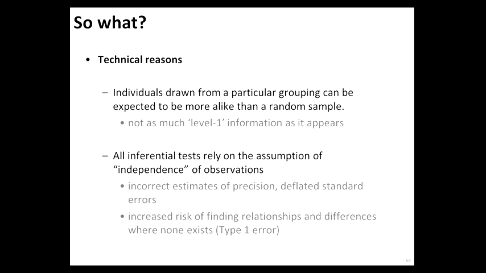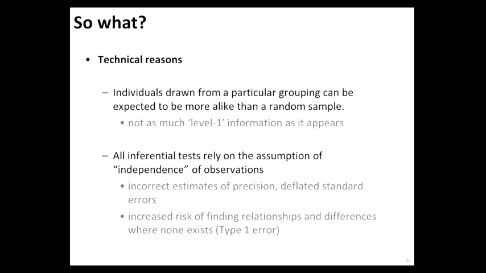There are, of course, technical reasons as well. The technical reason is, as I've already alluded to, individuals drawn from a clustered sample or from a multi-stage sampling design can be expected to be more alike than in a random sample. And what's the implication of that? The implication is that you now do not have as much level 1 information as it appears. What do I mean by that? Let's say I sampled 1,000 kids from 10 schools, 100 kids in each school, and they all have exactly the same BMI within a school.